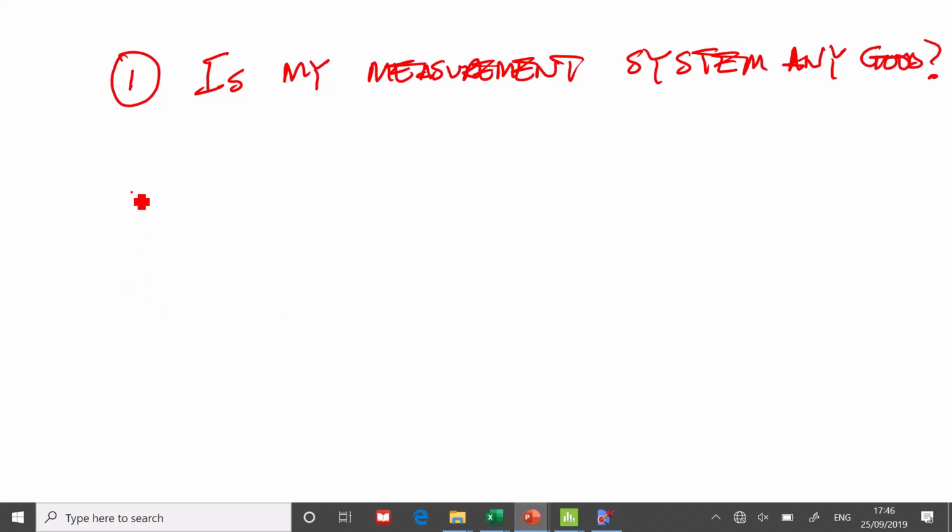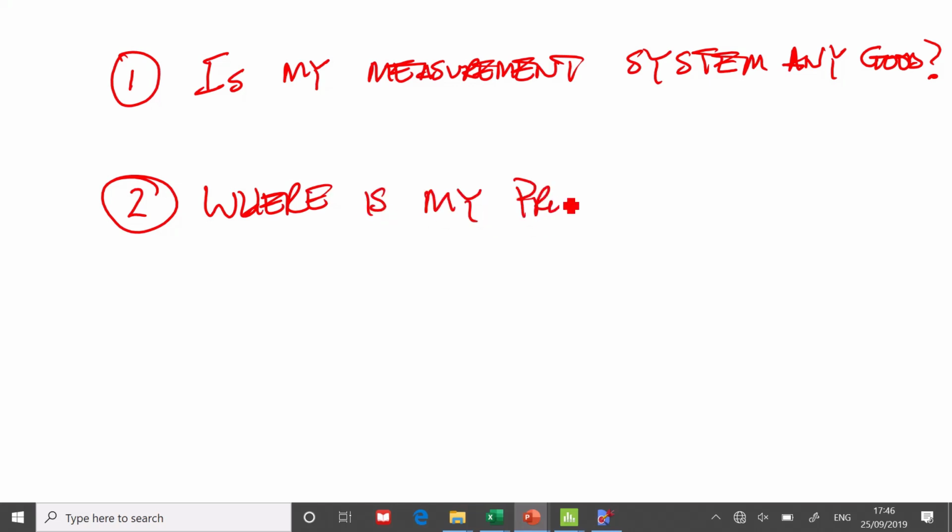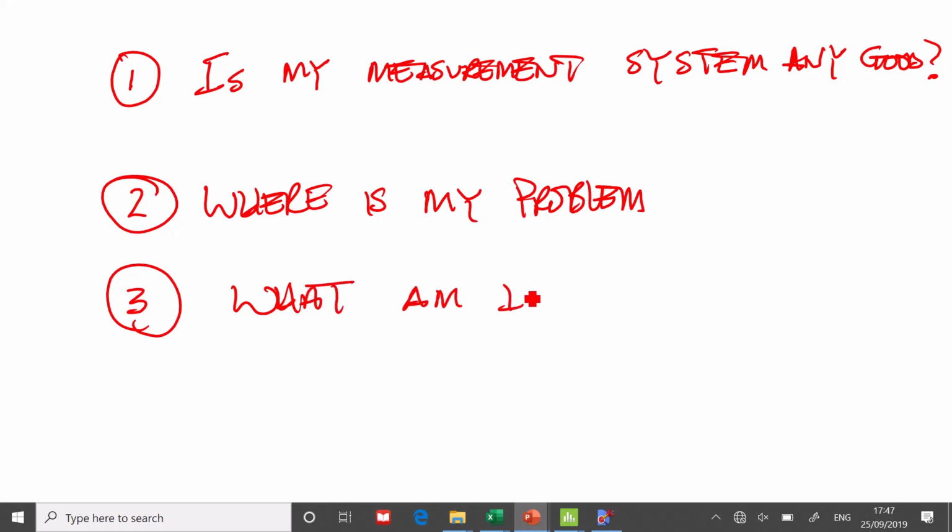Now, of course, if we assume that the answer to the first question is no, then the next thing we want to know is, where is my problem? And finally, what am I going to do about it? So we're going to answer those 3 questions from the data that I've just generated in Minitab.